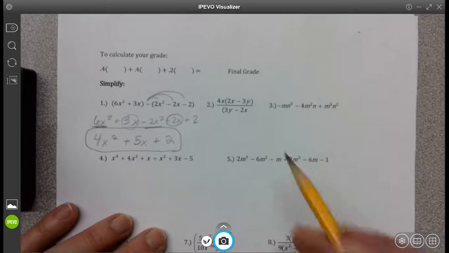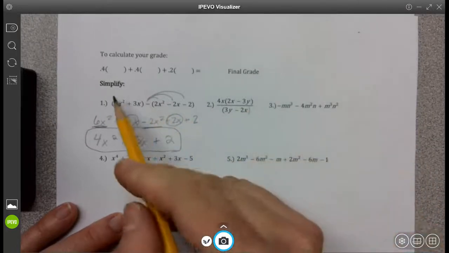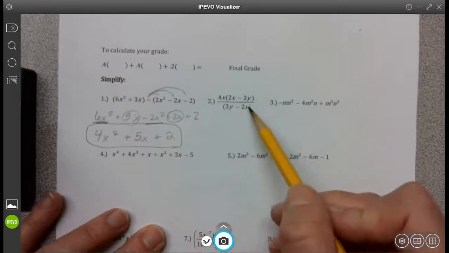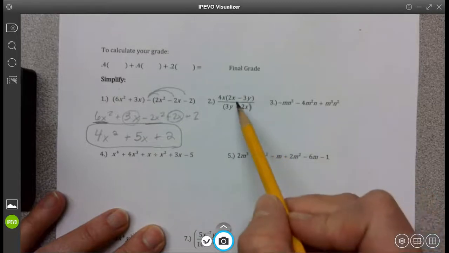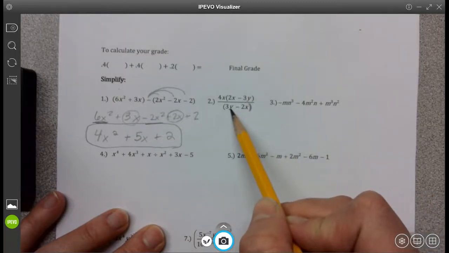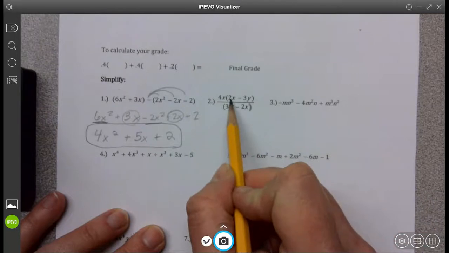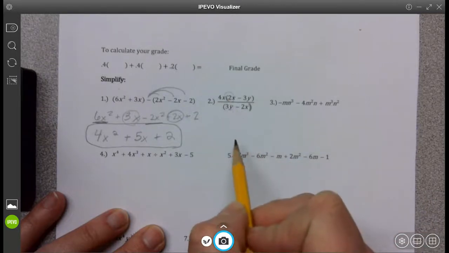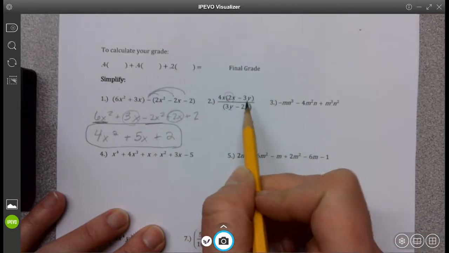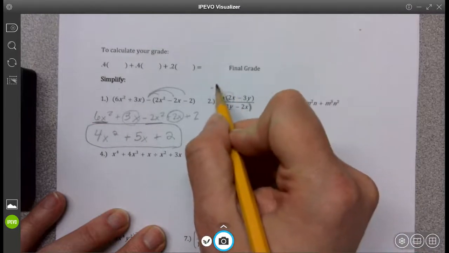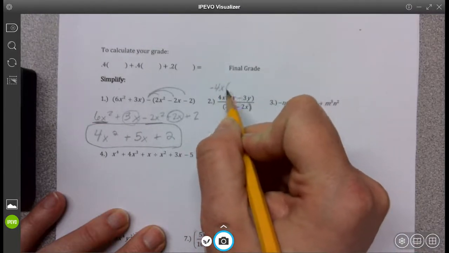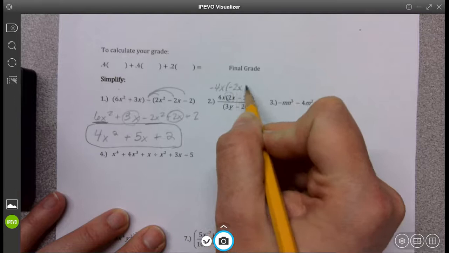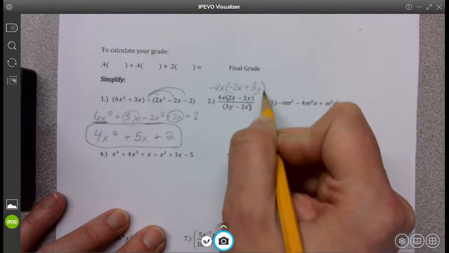Okay, number 2, these all say simplify, so we're not solving, we're just cleaning it up. These look like they can cancel, but they're different. So if I had this 2 become negative and this become positive, that would work. So I'm going to remove a negative so I can make this negative and then positive.